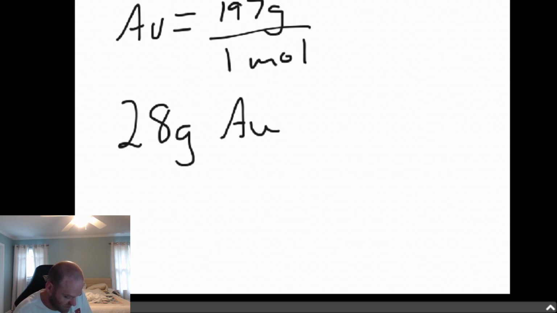In order for me to get to, I have 197 grams per mole here, and I have 28 grams here. So the grams are on the same side. You can imagine this is over 1, so the grams are both on top. When I set my problem up, I'm going to want to write it on the opposite side.